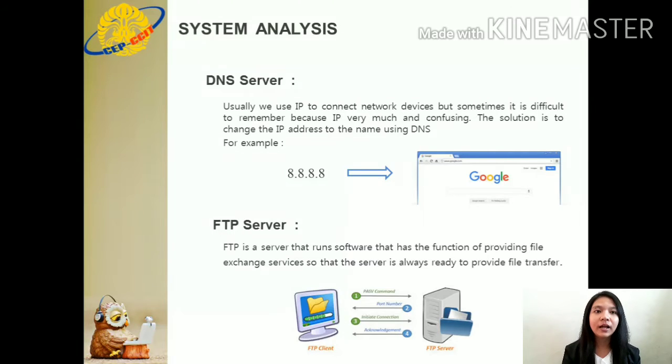For example, 8.8.8.8 can be changed to www.google.com using DNS.